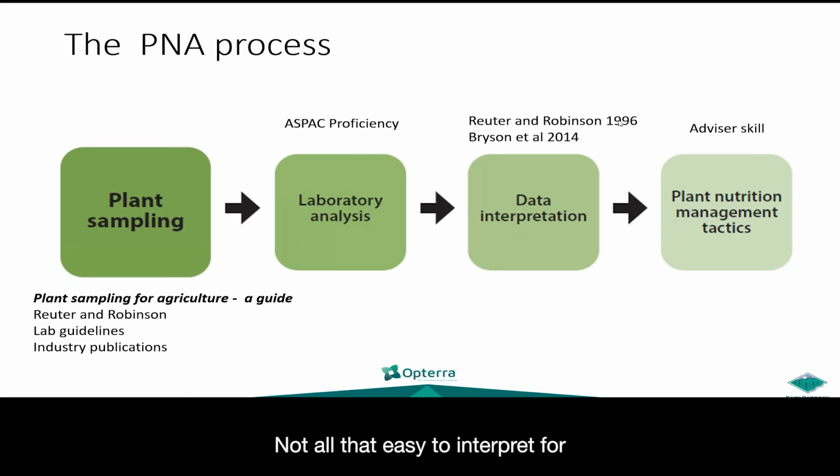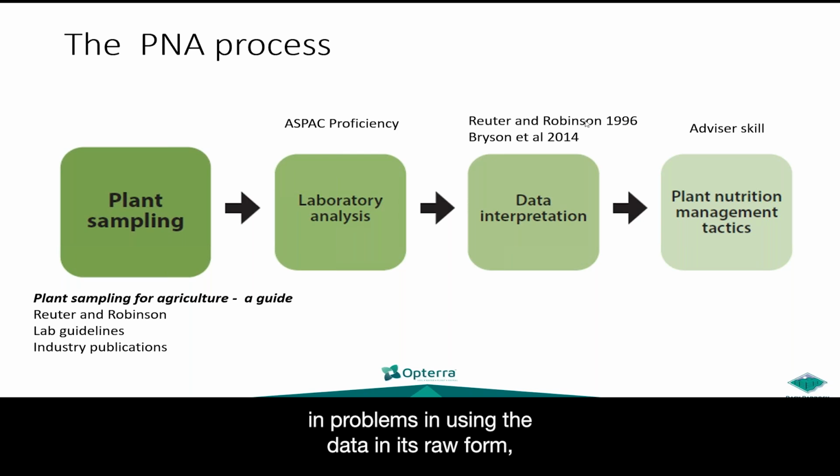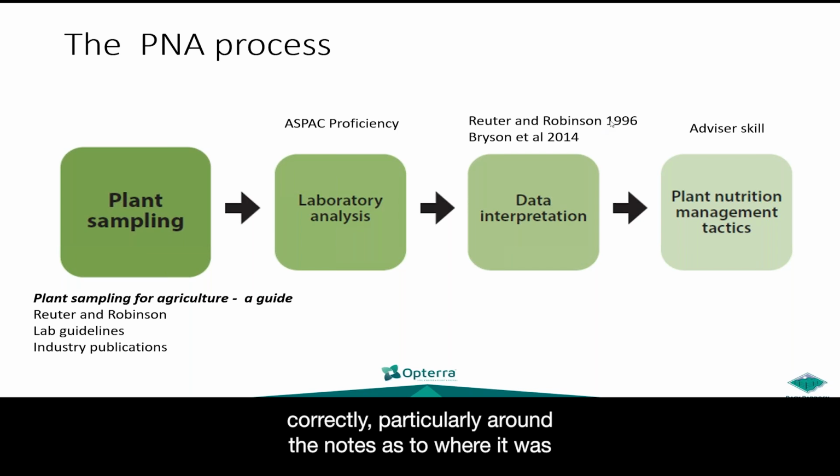Not all that easy to interpret as far as a process, and I wonder that some people end up in problems using the data in there in its raw form. It can be a little bit misleading if you don't interpret it correctly, particularly around the notes as to where it was and the sampling time and the plant part that we used.